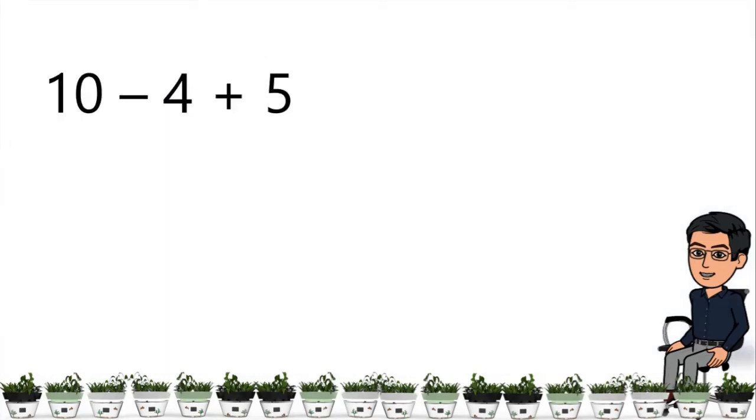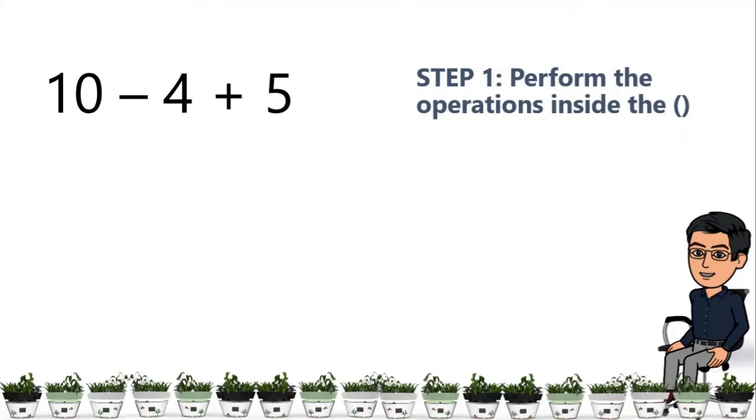Let us take this as our example. 10 minus 4 plus 5. Now, let us consider the steps that we had a while ago. Step number 1. Perform the operations inside the parentheses. Do we have operations inside the parentheses?